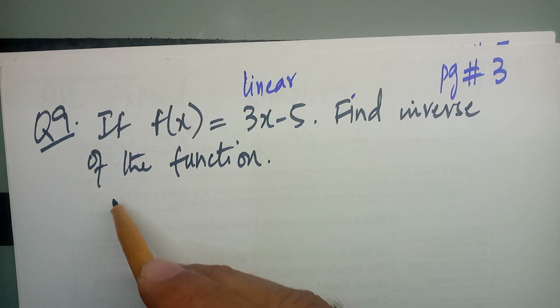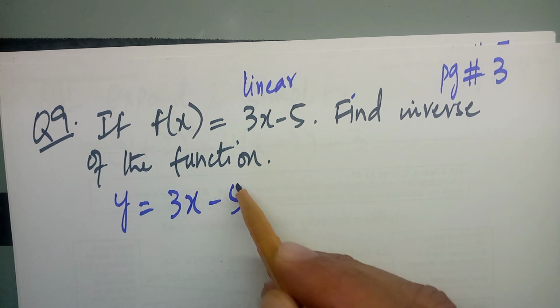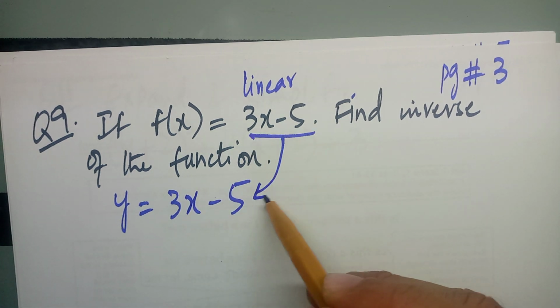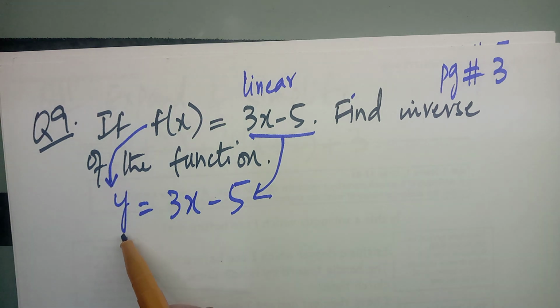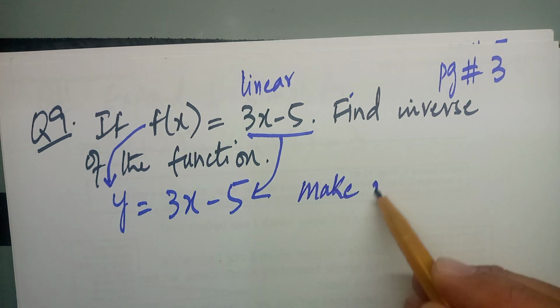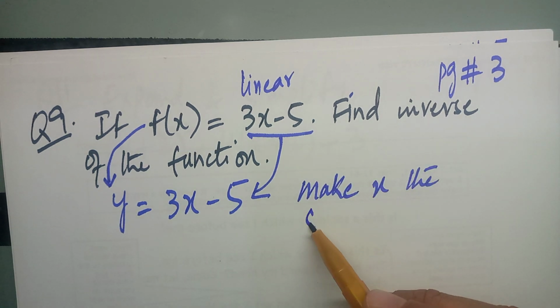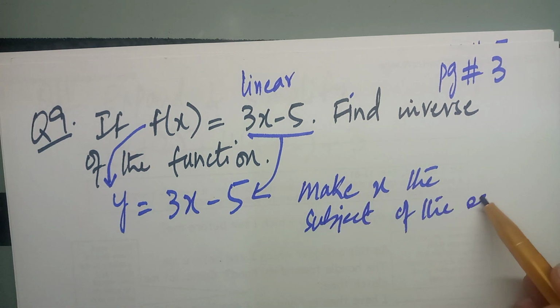When you want to find the inverse of it, first of all you need to equate the function with y. It means you just need to replace f of x with y, right? And once you are done with this, you need to make x the subject of the equation.